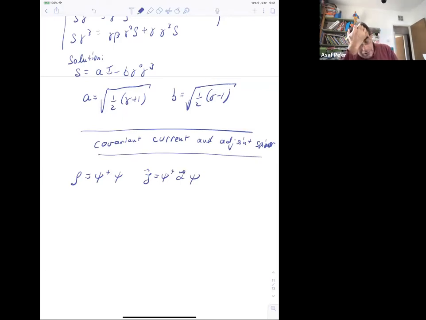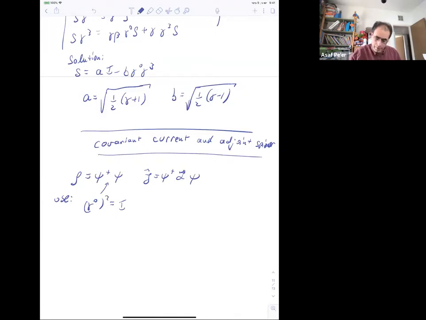Now I can use the relations: gamma 0 squared is just I. So I can plug it in here.